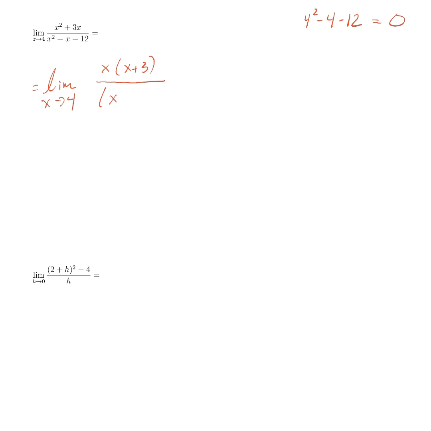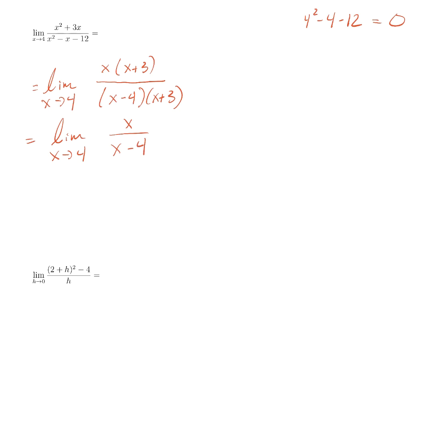We get x minus 4 times x plus 3. Okay, so we can do some simplification. So this is the same as the limit as x approaches 4 of x divided by x minus 4.